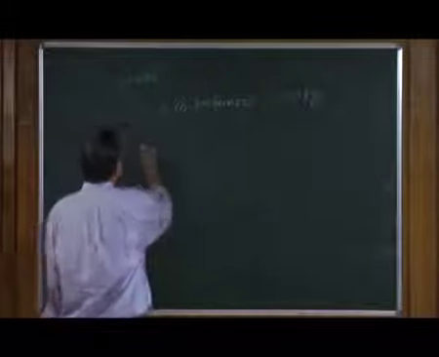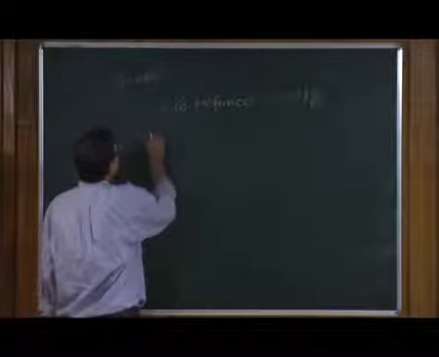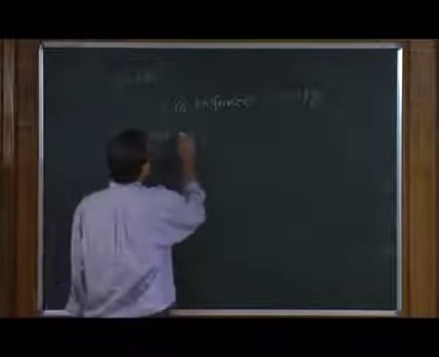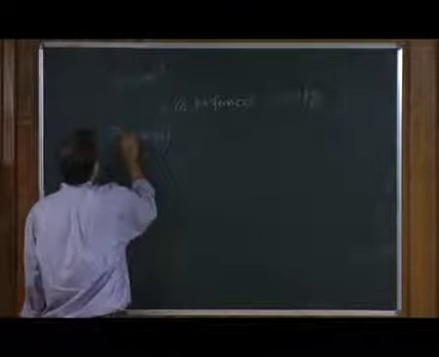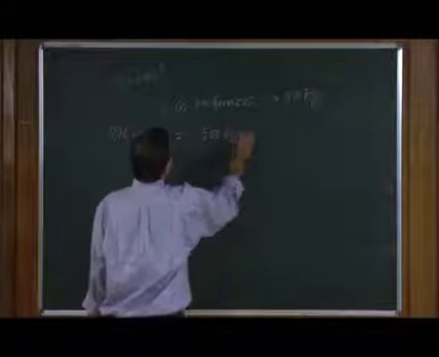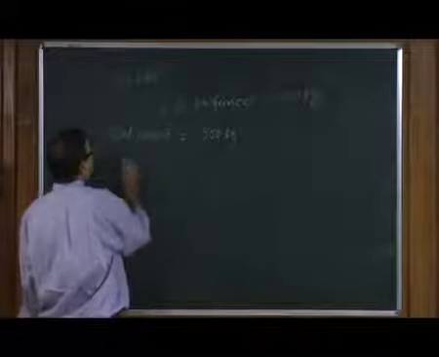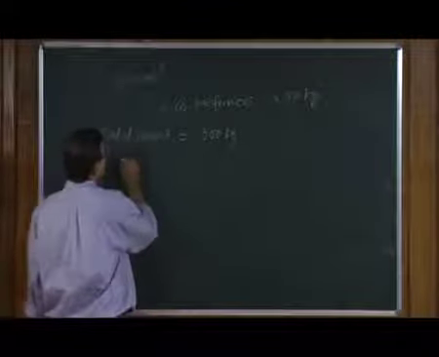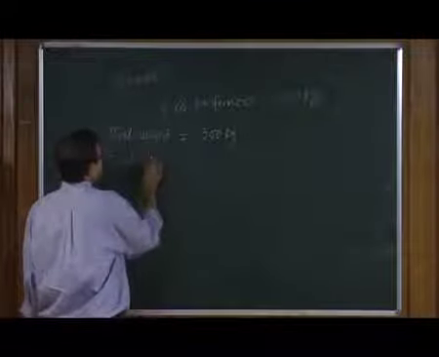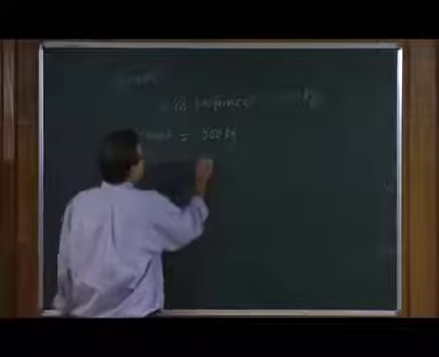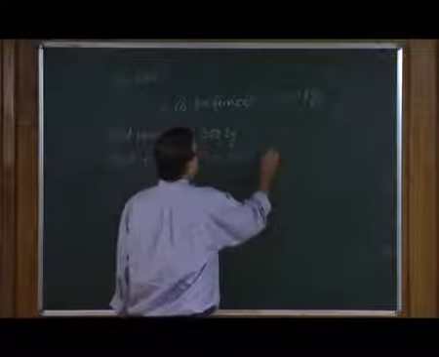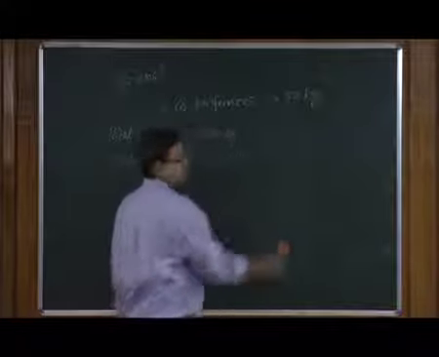So, the total weight of all those 6 performers put together is 300 kgs. With g equal to 10, the total force that this particular performer will support is 300 into 10, which is equal to 3000 newtons.